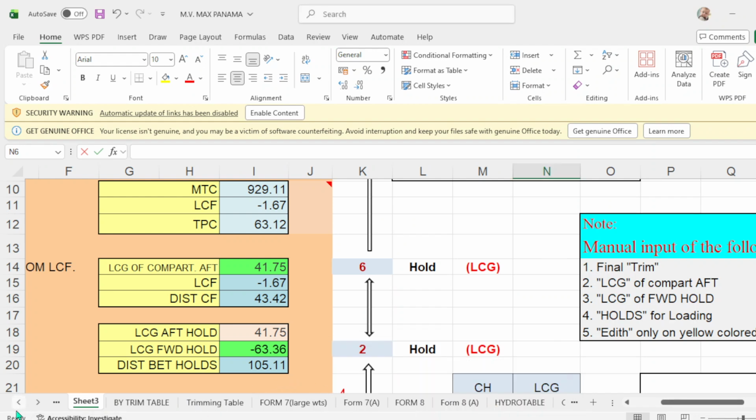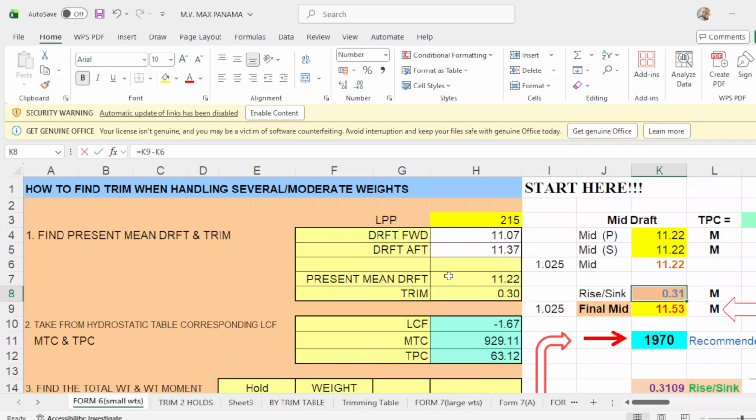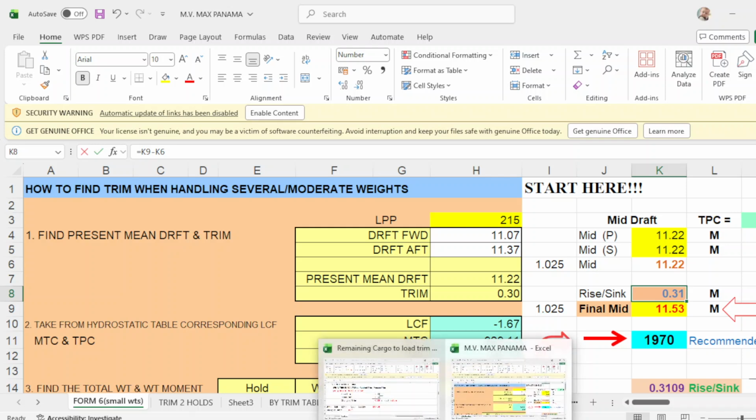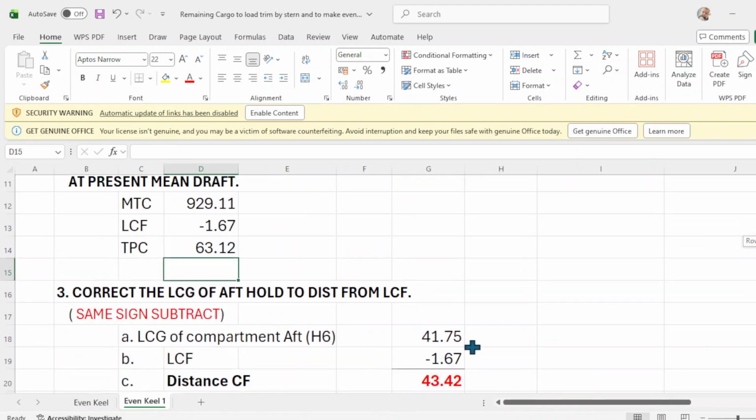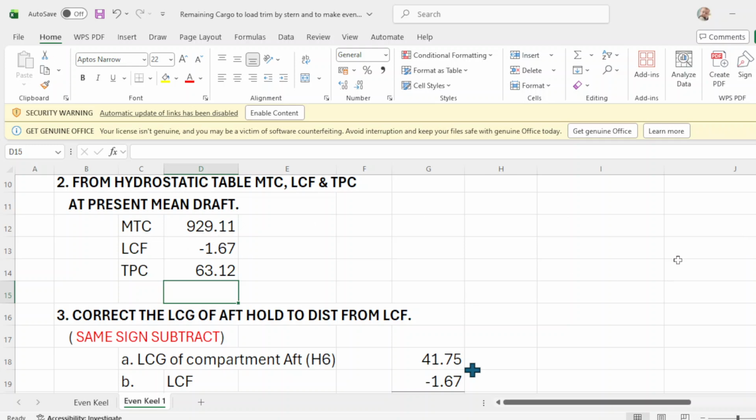LPP of the vessel, LPP is 215. Okay? And your LCF is 167. Okay?